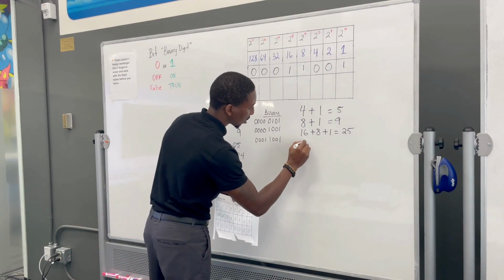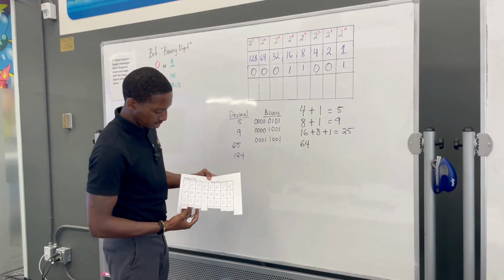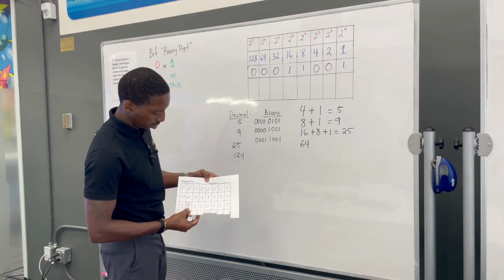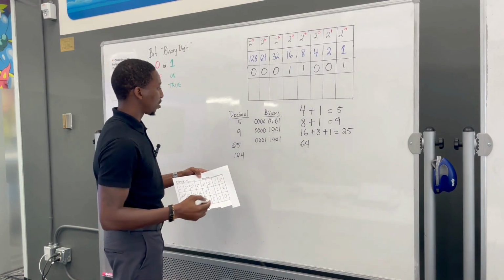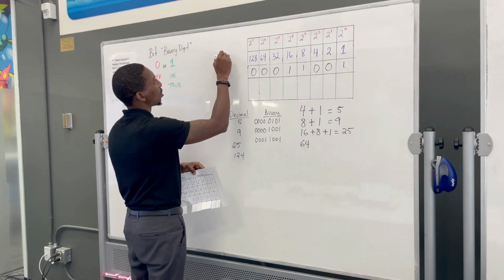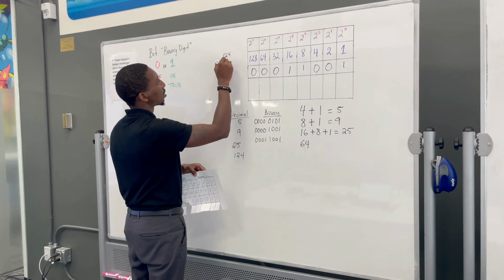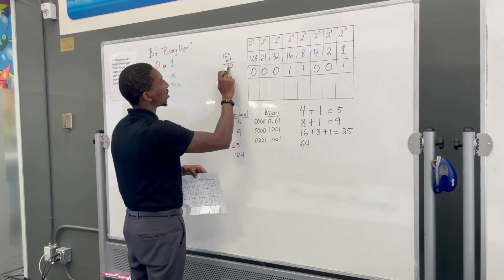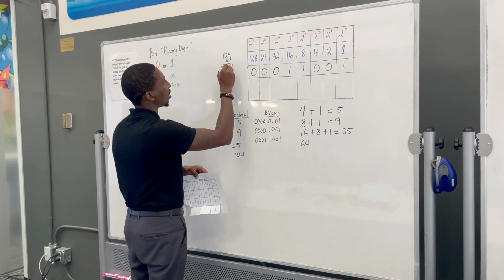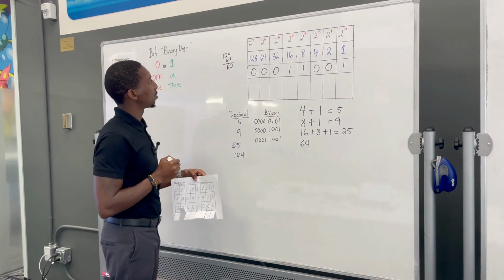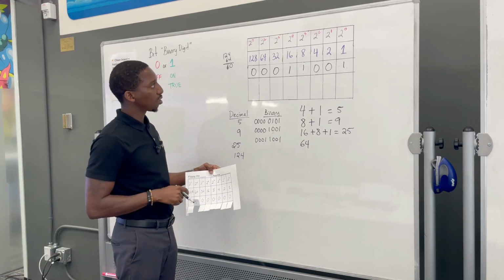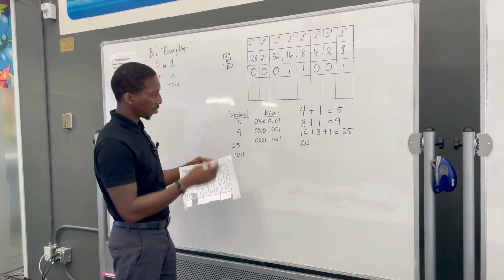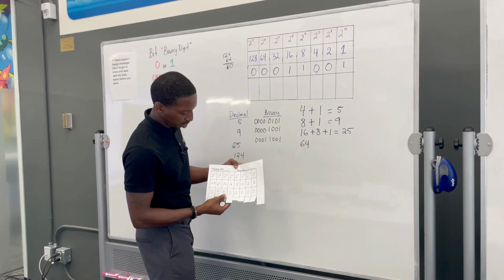I'm going to write down 64 and turn on 64. Now, if you want to do some math to the side, 124 minus 64 gives you 60 that's left. So therefore, what's the next number? Well, there's a 32, so I'm going to turn on 32.